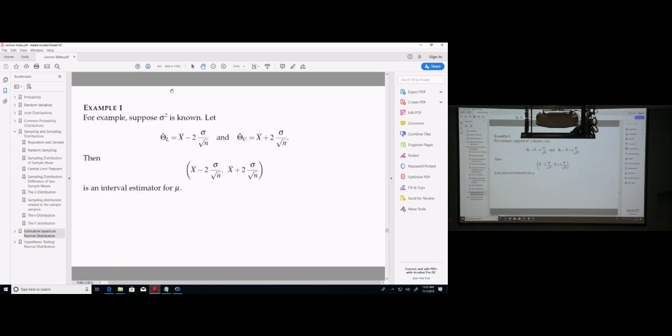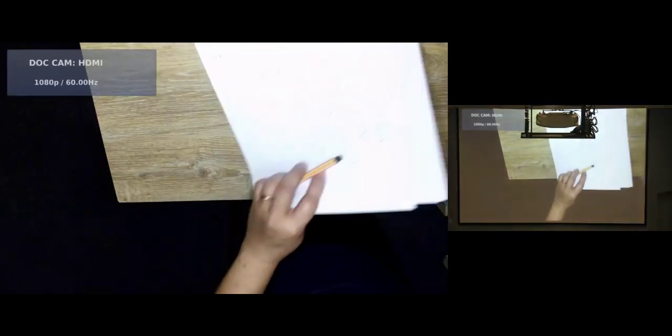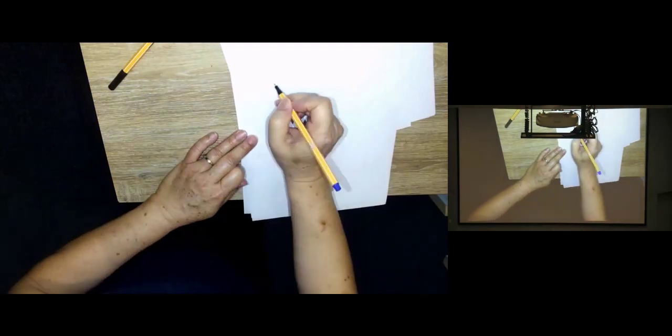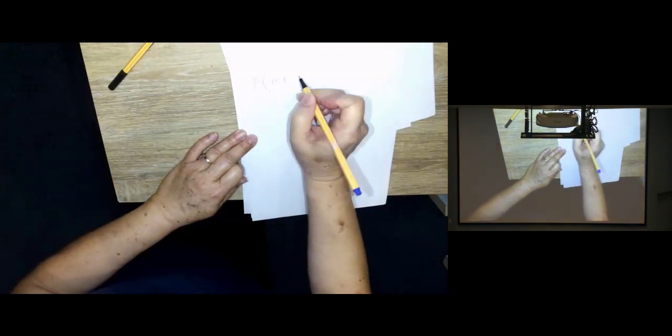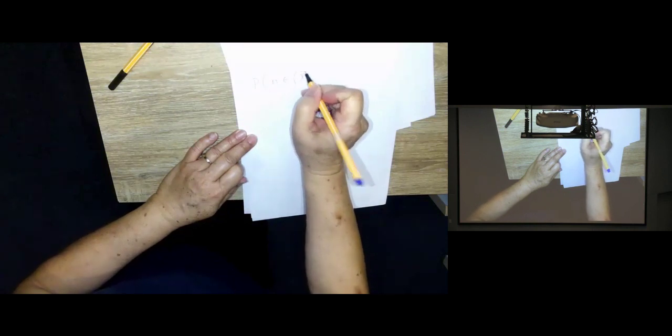Let me phrase it as a question. We will deal with it; this will be a classic case. We ask what is the probability that mu is in this interval.